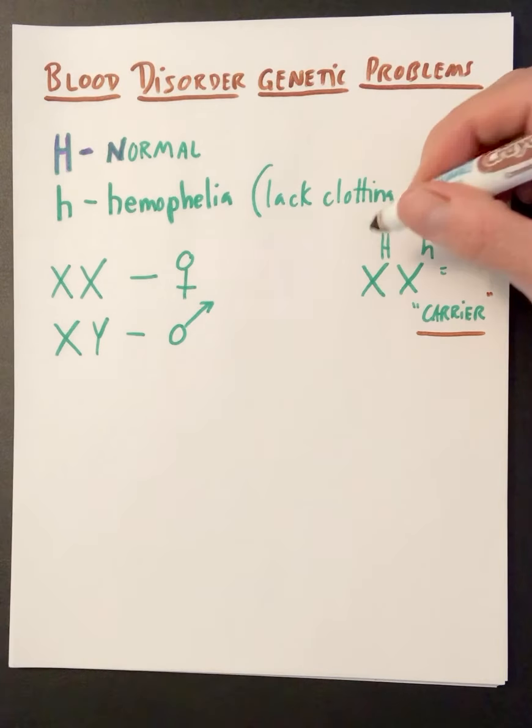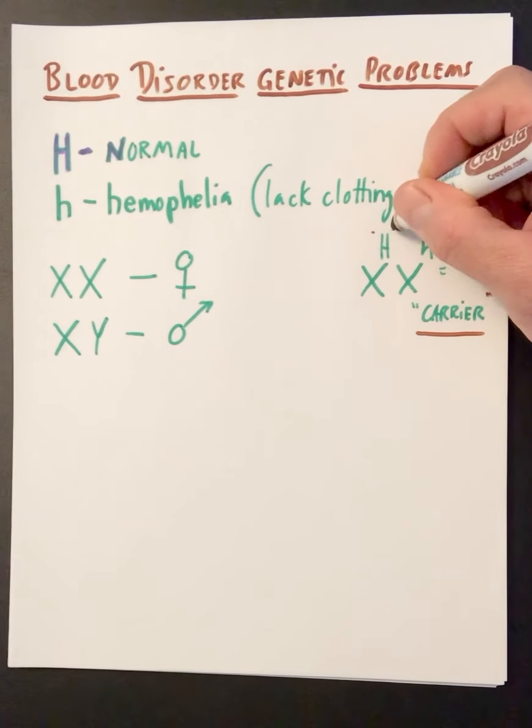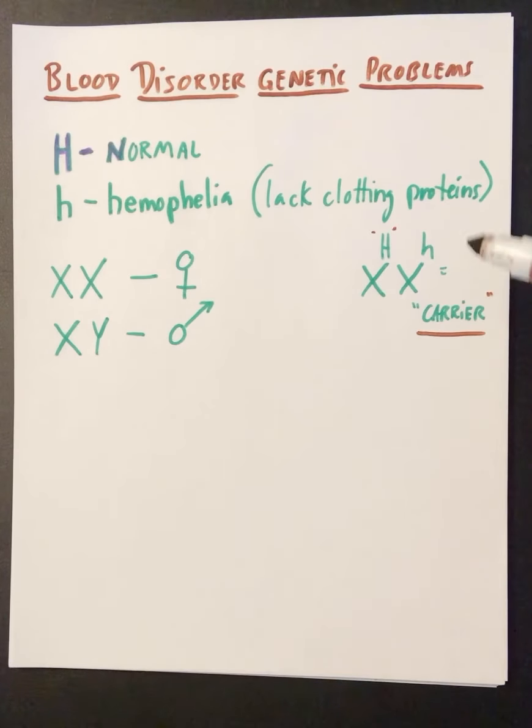But normal is what we call dominant, and she will in fact be healthy and will not have hemophilia. However, in her cells, she will have the X chromosome for hemophilia. If this occurs in her egg cell, she will transfer this to her offspring. So we're going to play around with that.